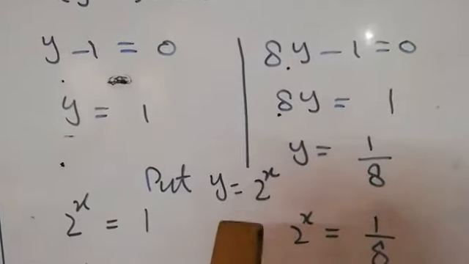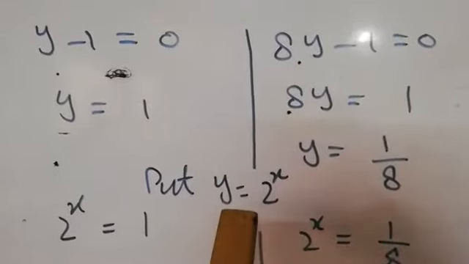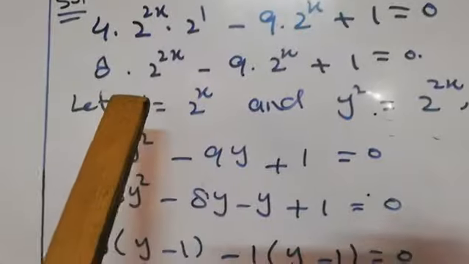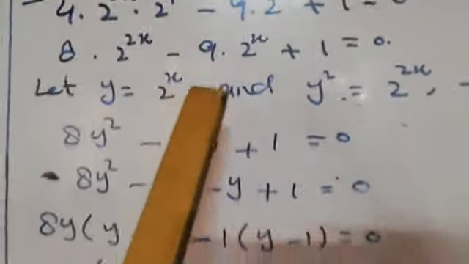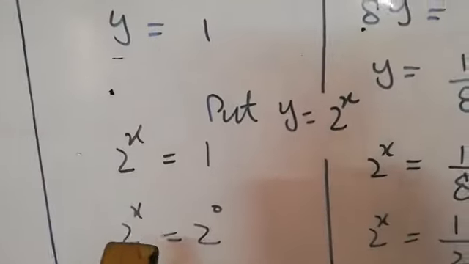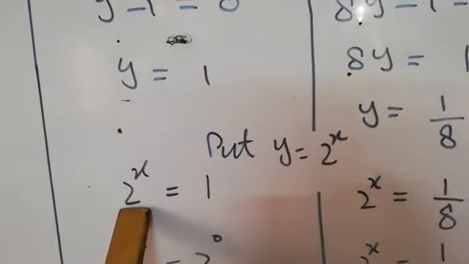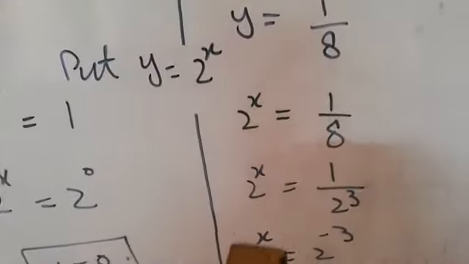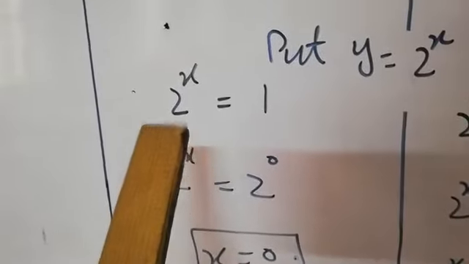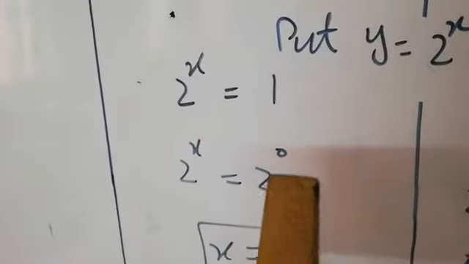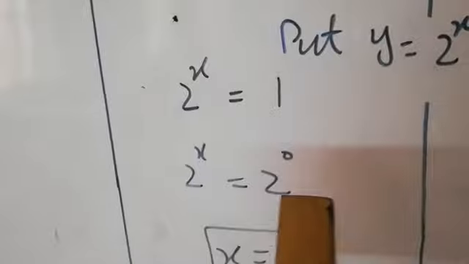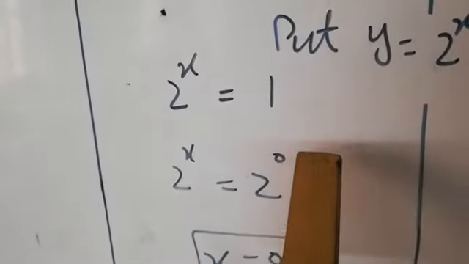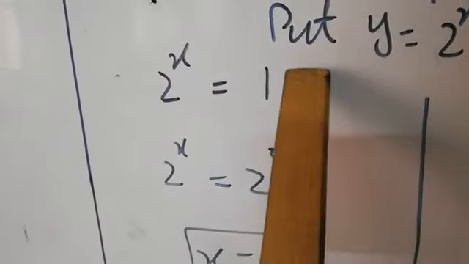But again you know that y is not the actual variable, so we will put back y is equal to 2 raised to power x. It becomes 2 raised to power x is equal to 1, and 2 raised to power x is equal to 1 by 8. And my dear student, you know that if any value has the exponent equal to 0, then it will be equal to 1.